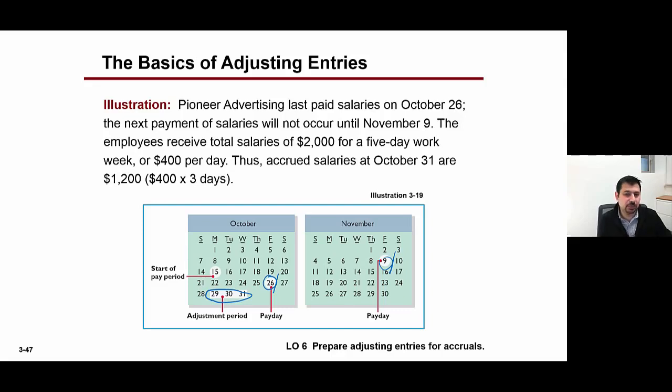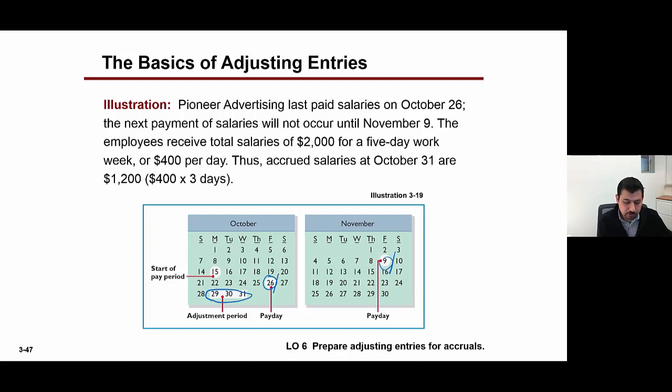Many companies pay bi-weekly, so every 2 weeks they make a payment. And it happens a lot that there are several days before the next paycheck is paid to the employees.